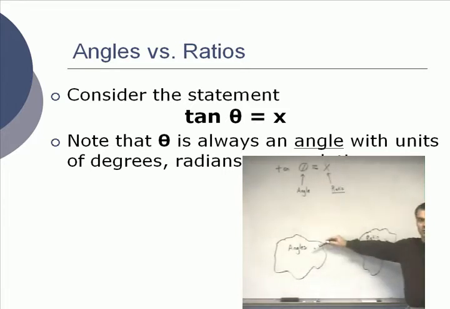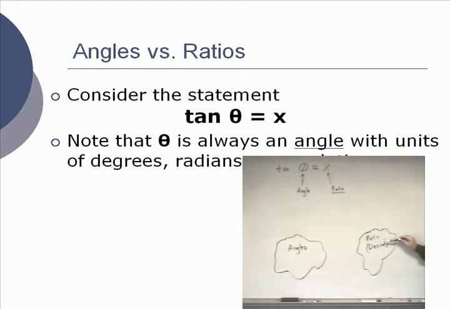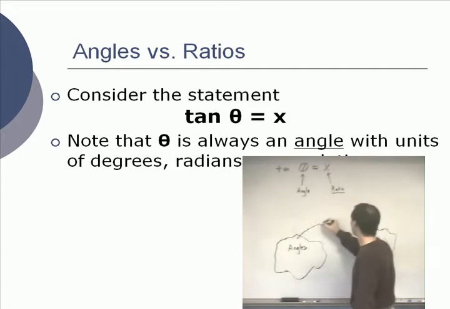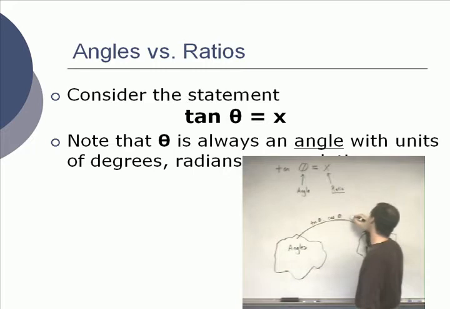Radians, degrees, or possibly revolutions. What are the units on our ratios that the calculator reports? There are none. There's no units on this ratio. So in order to get from here to here, we might use tangent, cosine theta, or sine theta.